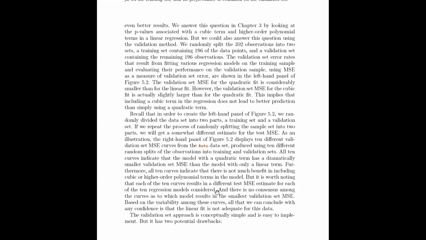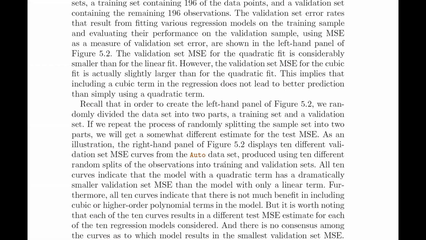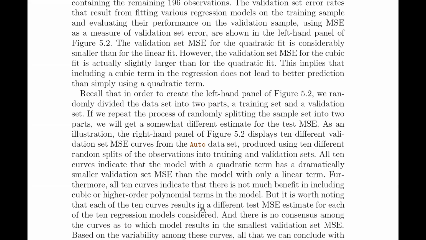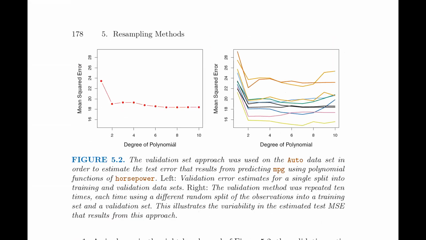So what we're saying is the validation set mean square error for the quadratic fit is considerably smaller than for the linear fit. This is a lot less than this.